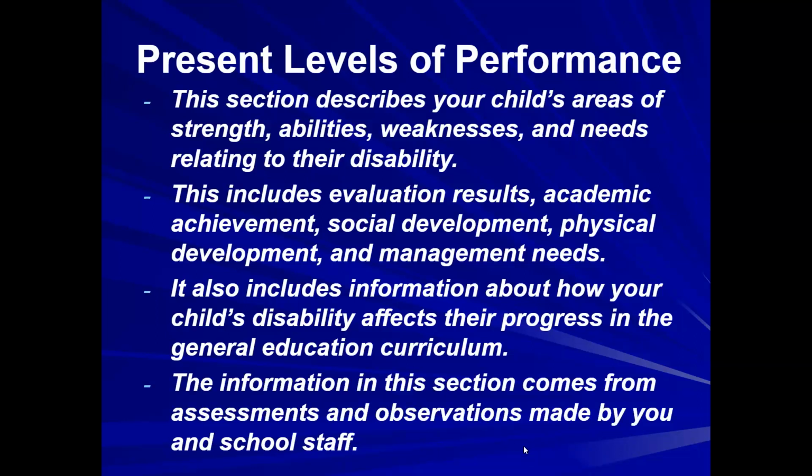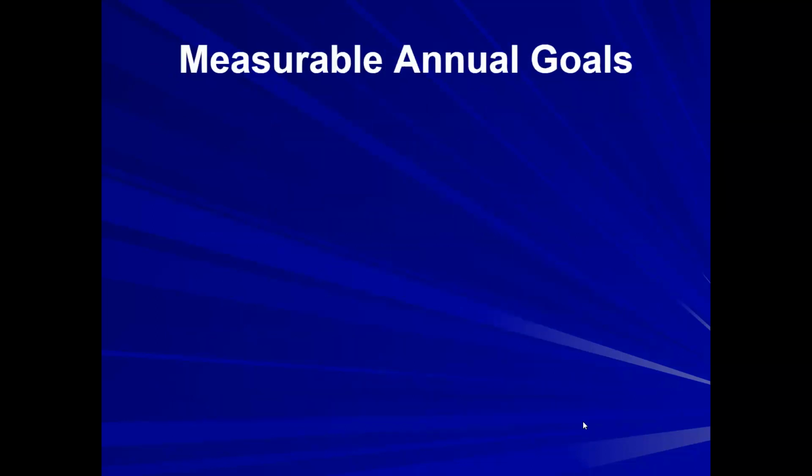This information, just like I talked about in the last presentation for program recommendations, comes directly from assessments and observations made by school staff, meaning teachers, providers, things like that, and by you, because we talked about last time how important you are to the whole process of developing the individual education plan. Now we talked about the present levels of performance.